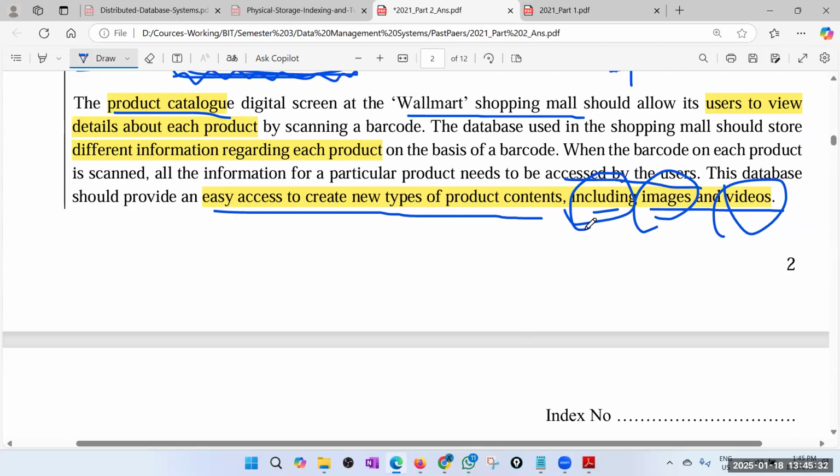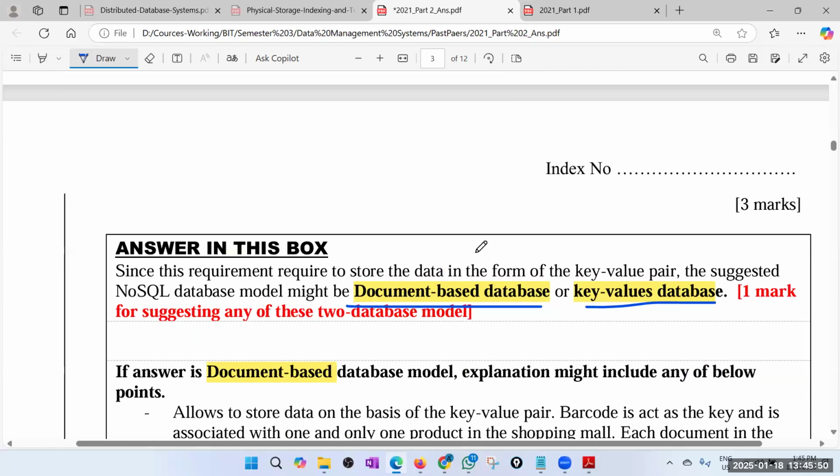The possible reason for document oriented is maybe because there are so many images, catalogs and those things, especially images, maybe videos related to the product, promotional videos and so on. Document doesn't necessarily mean a PDF or something.